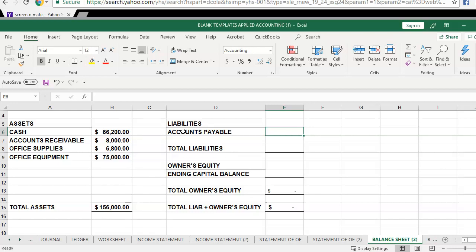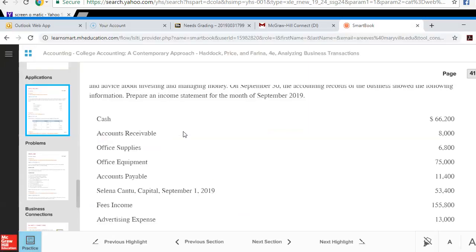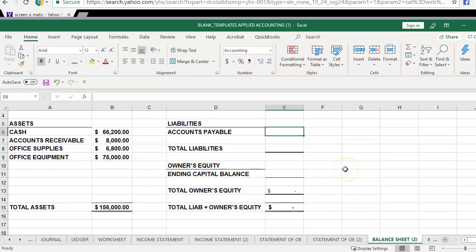Will it? Let's see. For the liabilities, we only have the one account title being accounts payable, and that amount totaled $11,400. So the total for our liabilities, again, at this point, you only have that one account title, is $11,400.